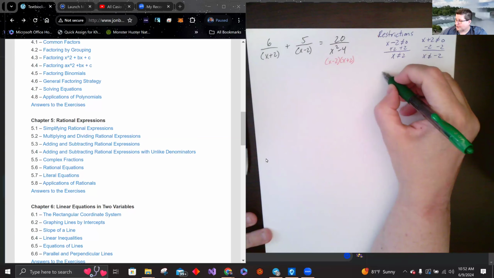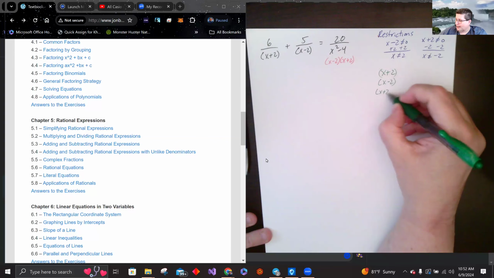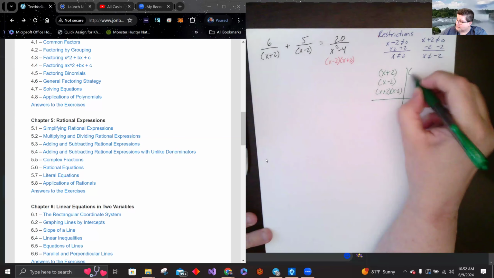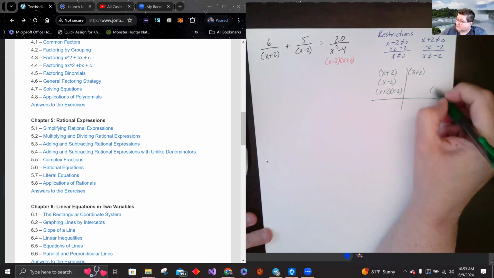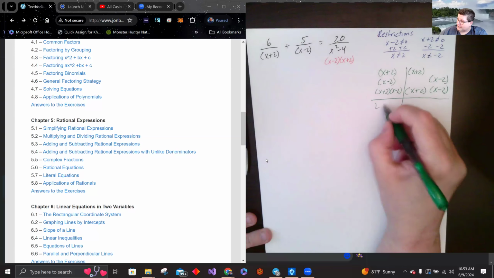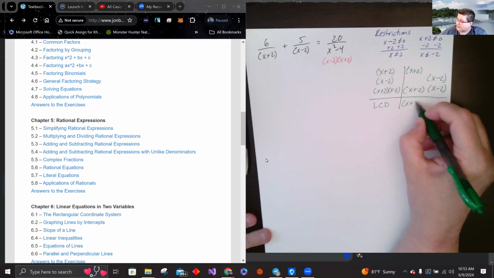I have x plus 2 on the first one. I have x minus 2 there. And I have both here. So my LCD is the final fraction denominator.